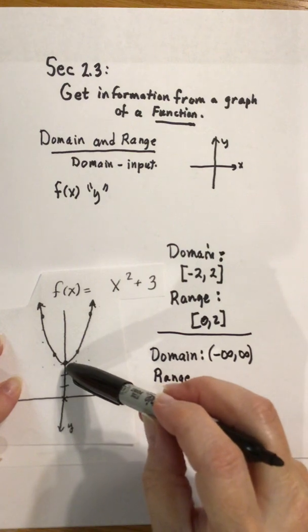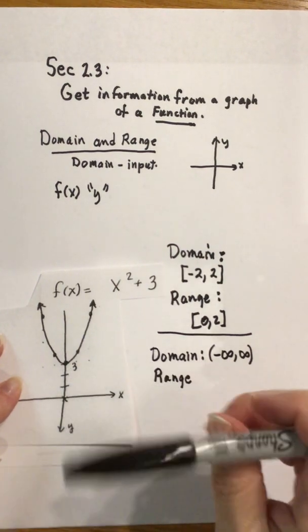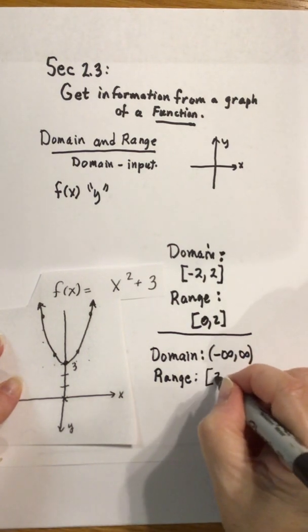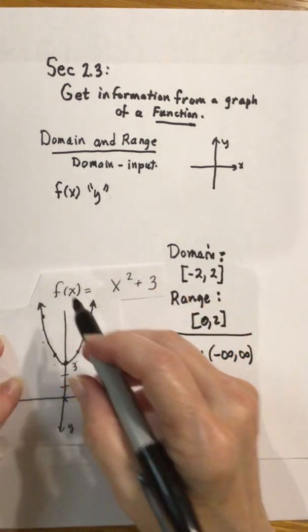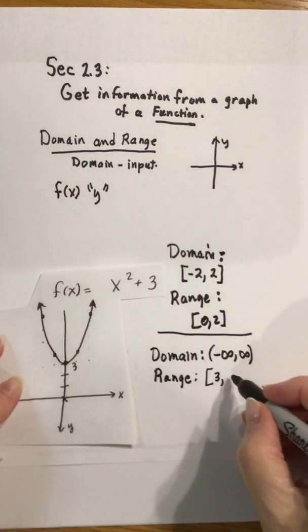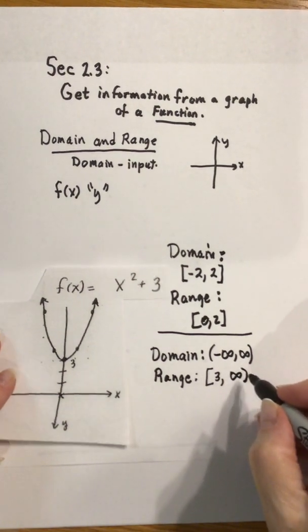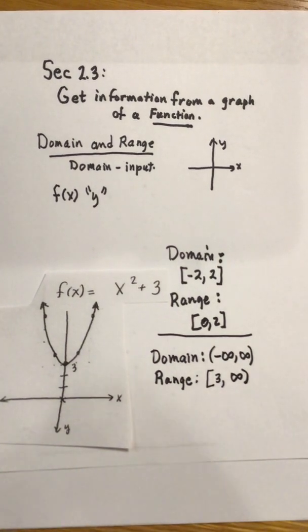So does it include the 3 or does it not include the 3? Well, it includes the 3. So we know that we're going to have brackets, 3, and then it's going to keep on going up forever with those arrows. So we know that it's going to be 3 to positive infinity for the range. Give everybody a chance to catch up to that point first.